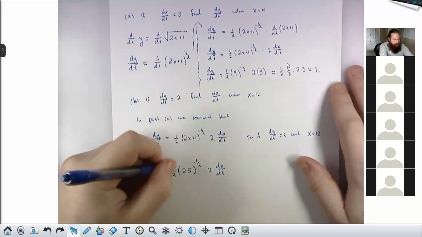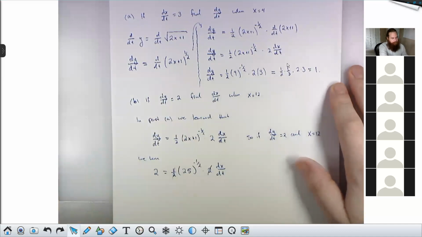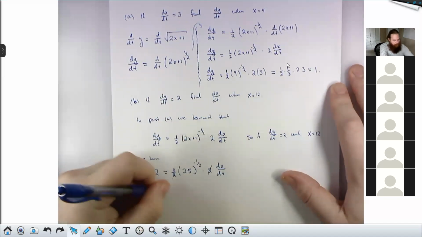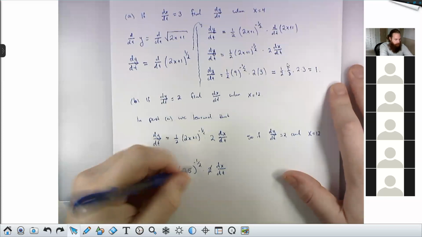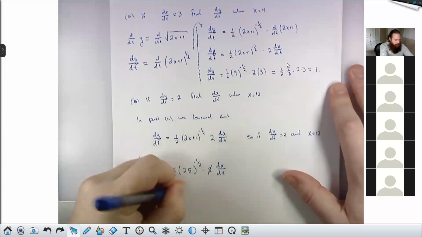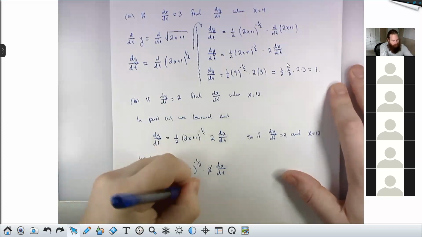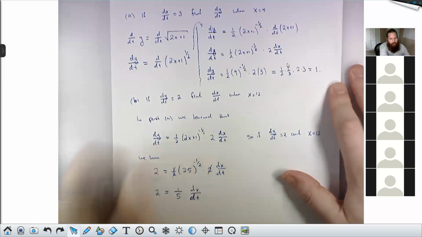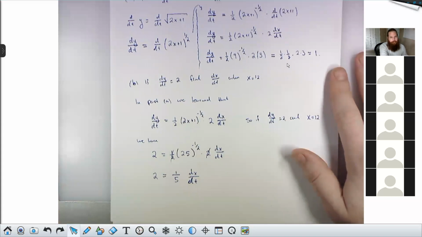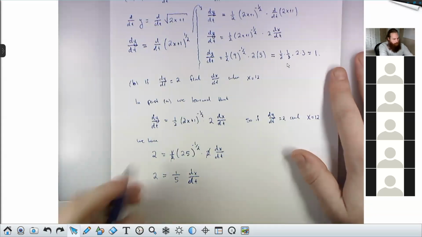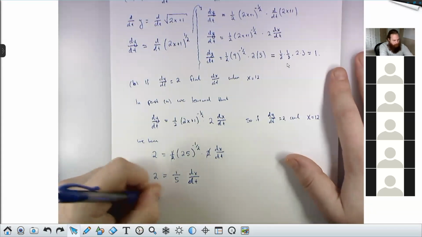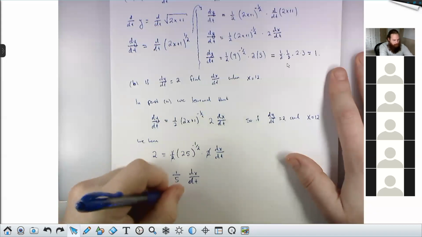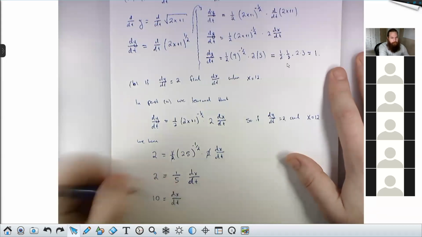This 1/2 and this 2 cancel. 25 to the negative 1/2 is 1/5. So I get this. And then multiplying both sides by 5, I get that 10 is equal to dx dt.